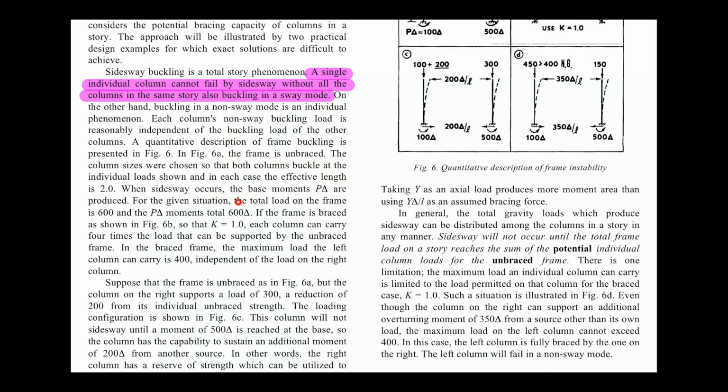For the given situation, the total load on the frame is 600 and the P delta moment total is 600. So this is the sigma P times the delta. If the frame is braced as shown in Figure 6b, K equals 1.0. This is the braced frame, and it leads you to the braced frame capacity.